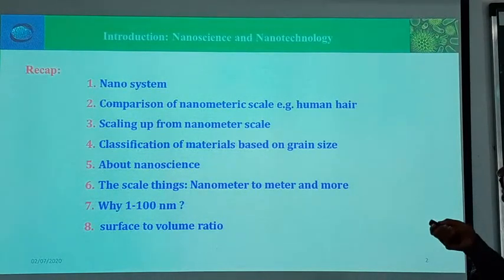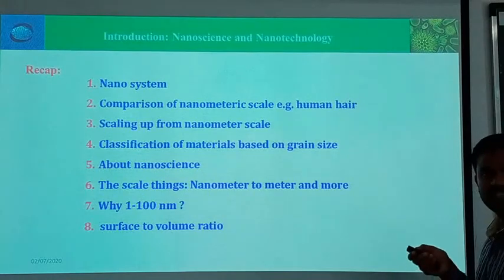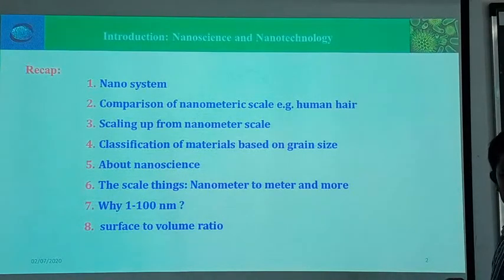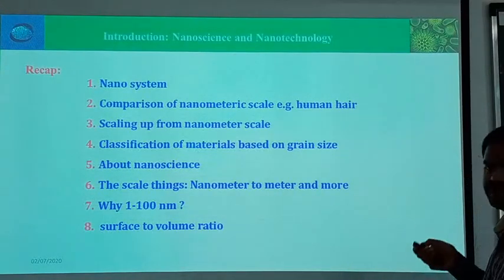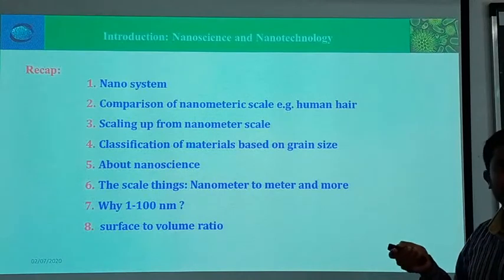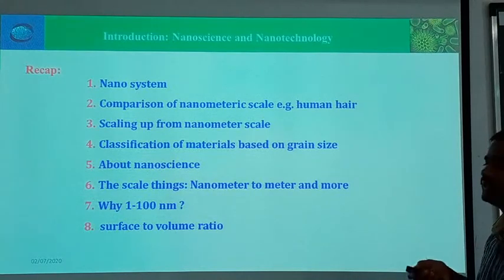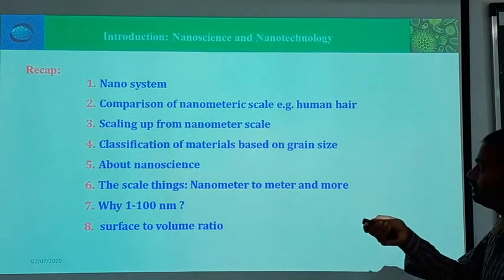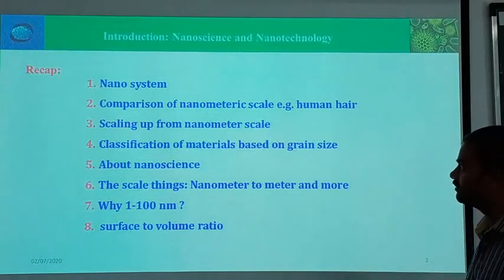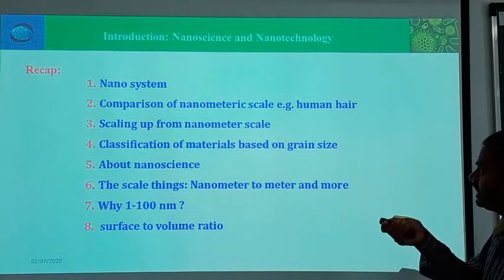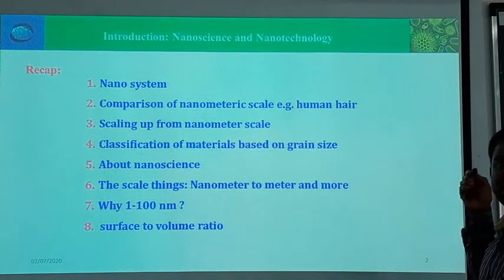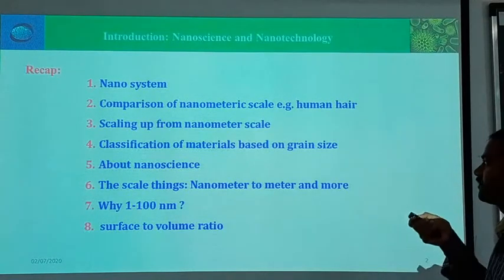Comparison of the nanometric scale: for example, we took the human hair as an example, we cut slices of that human hair and compared the 100 micron scale to 1 nanometer. What happens with the 1 nanometer scale? Now, the third part we discussed was scaling up from the nanometric scale, going from the nanometric scale to a micro or macro level system.